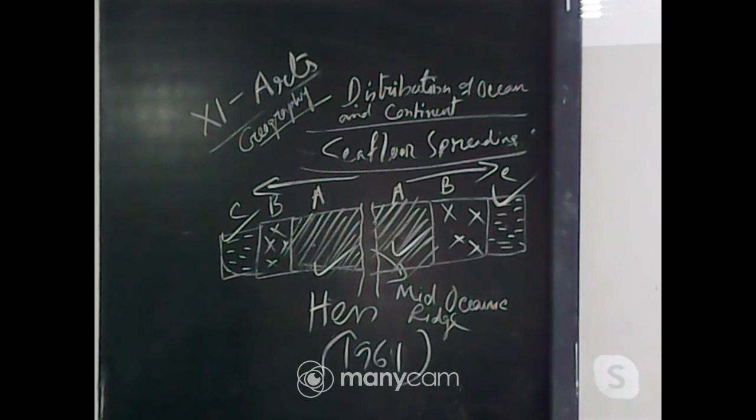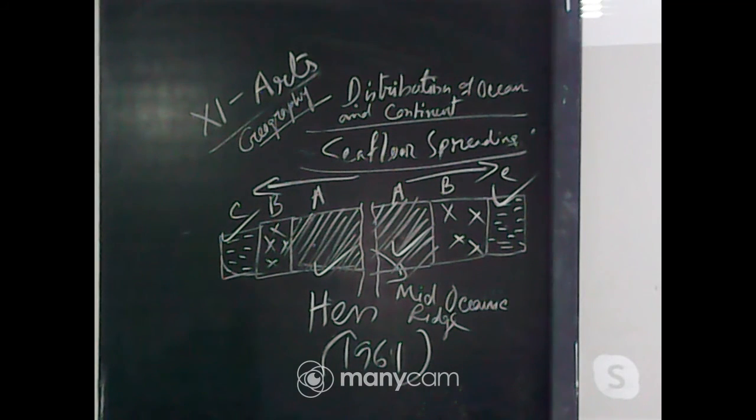Hess argued that constant eruption at the crest of the oceanic ridge caused the rupture of the oceanic crust and the new lava wedged into it, pushing the oceanic crust on either side. The ocean floor does spread.